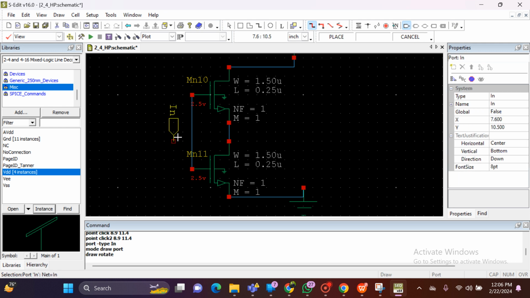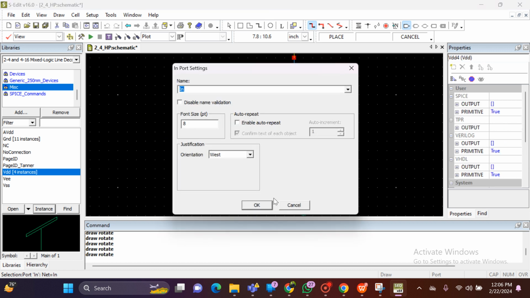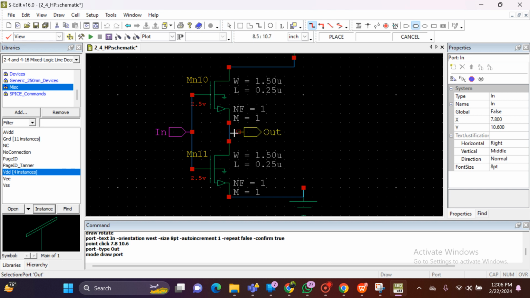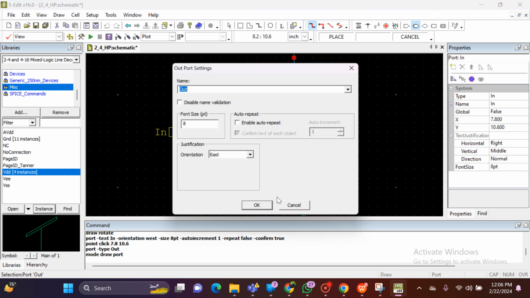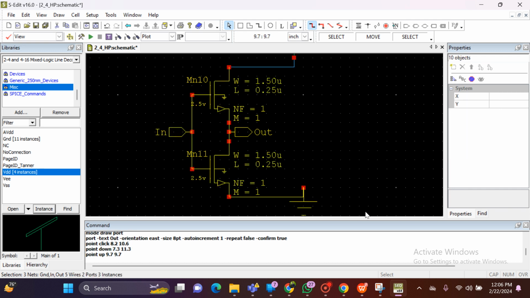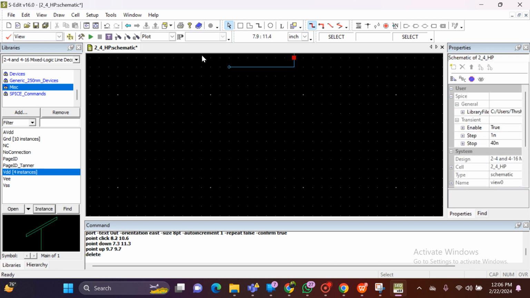For rotation, you need to press R on the keyboard. So this is the input and this is the output. This is how you need to connect. I'm deleting it because we have already designed it, so this is not actually needed.